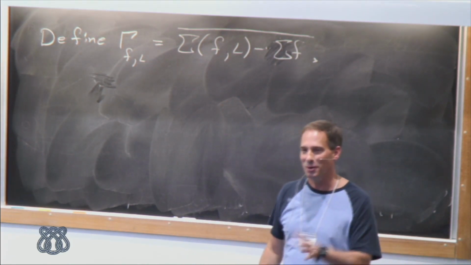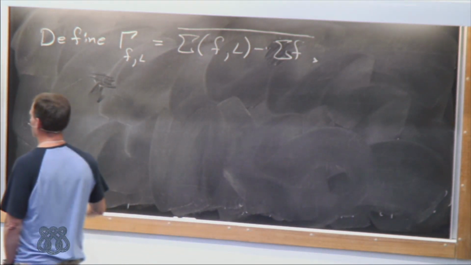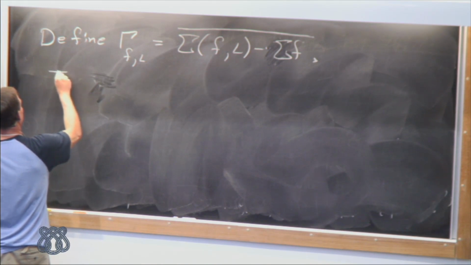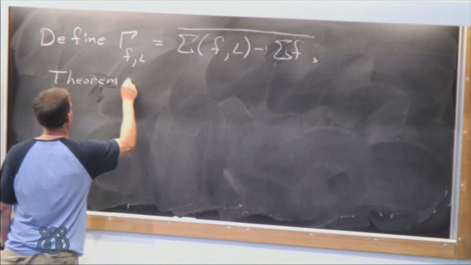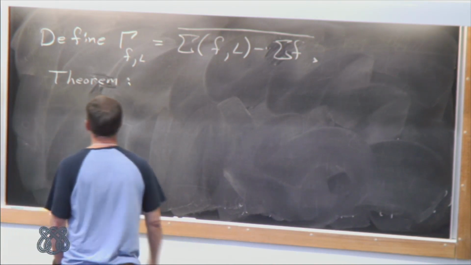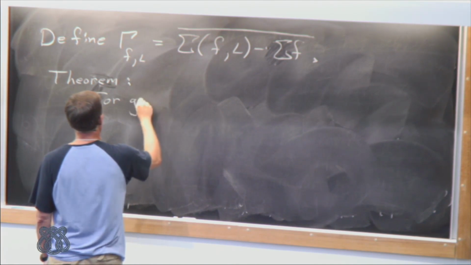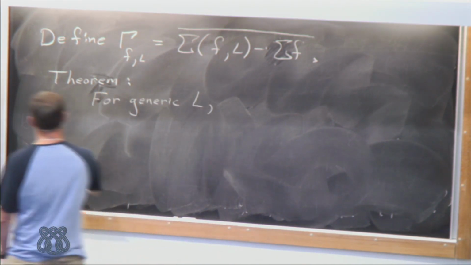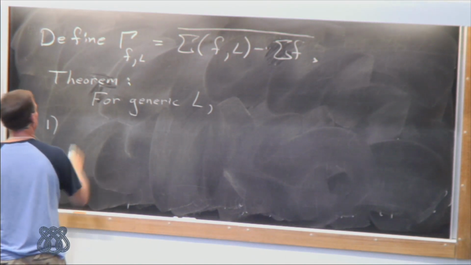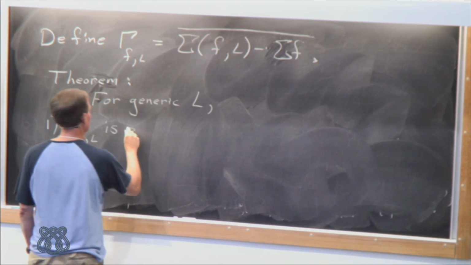I'm not calling it the polar curve yet, but the theorem is the Lê, Teissier theorem: for generic L, gamma FL is purely one-dimensional.